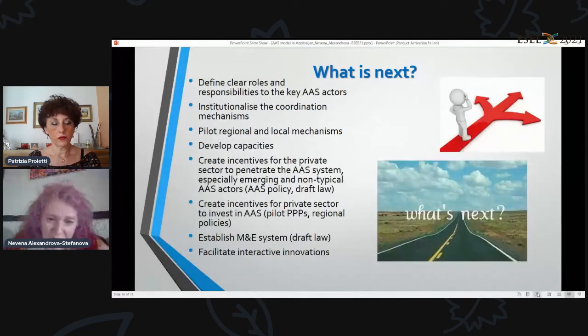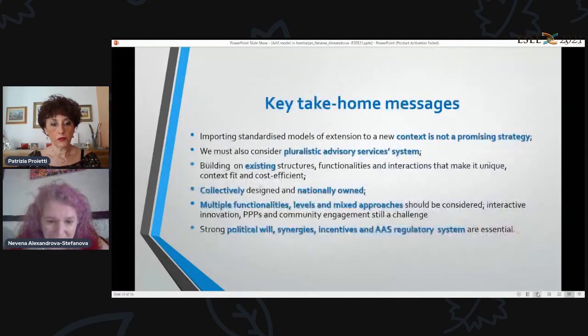There will be two presentations by my colleagues on those frameworks and on facilitating interactive innovation, again in cooperation with partners from the European Union. So I'm finishing my talk with several key take-home messages.